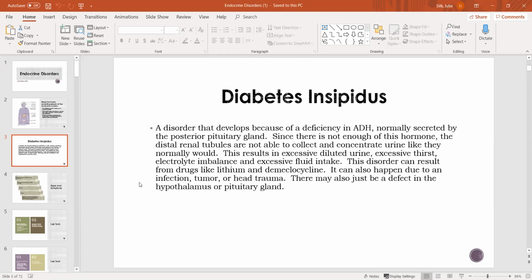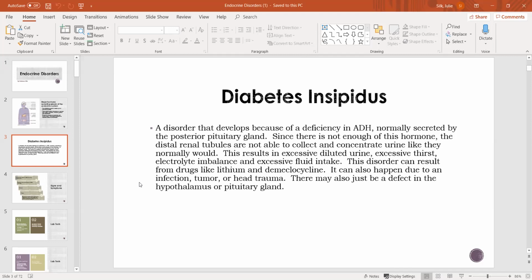You can have a nephrogenic type of this. You can have a dipsogenic type of this. And then also that gestational form that we just talked about. So those are the different types.